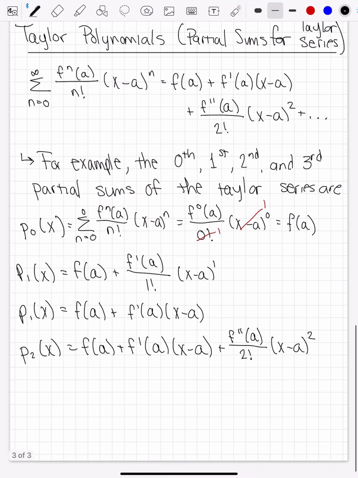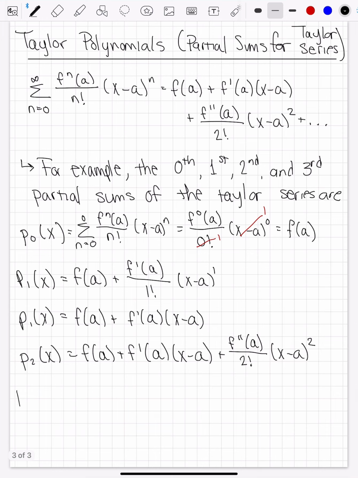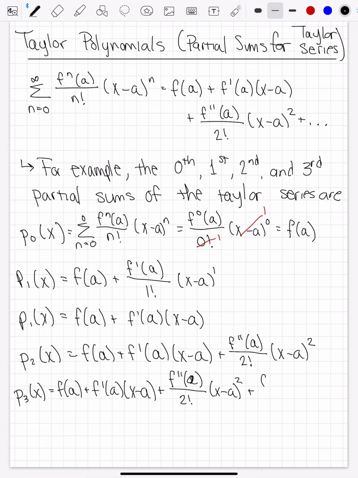And then lastly, for the third one, I'm going to have to try to write smaller. I bring down everything from P2, those first three terms, and then I just plug in n is 3 for the last term in the third Taylor polynomial.